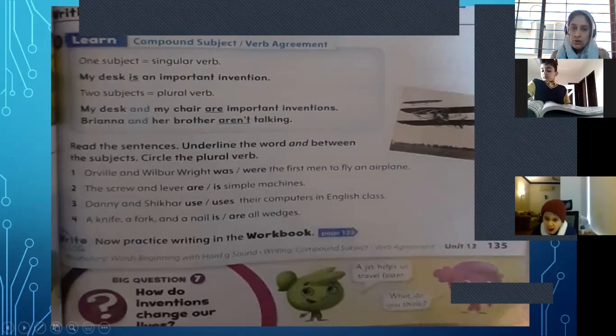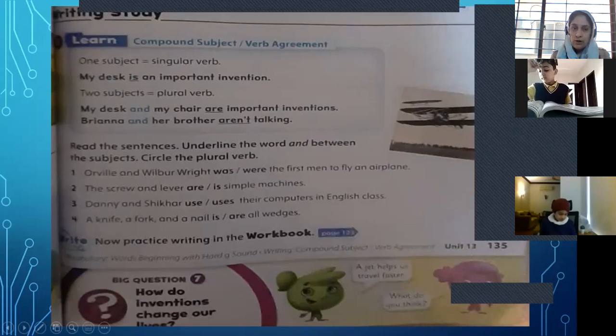So you need to understand this, that when we talk about a singular subject, we will always use singular verb. When we talk about plural subjects, we'll be using the plural verbs, plural helping verbs. Okay? So read the sentences, underline the word and between the subjects, circle the plural verb.